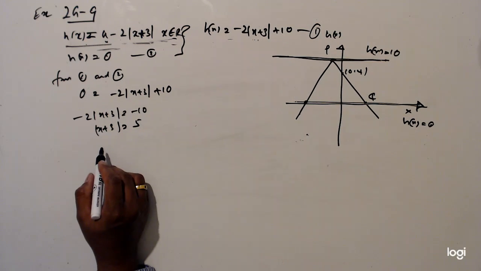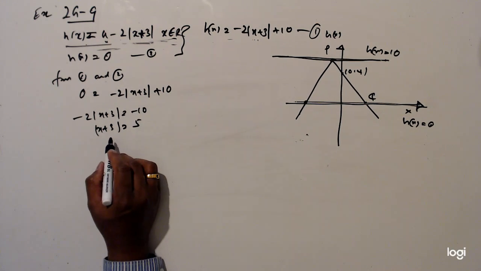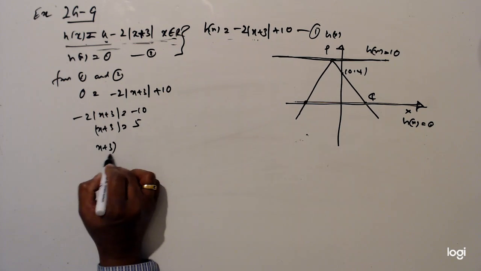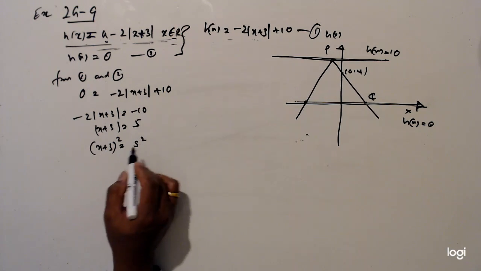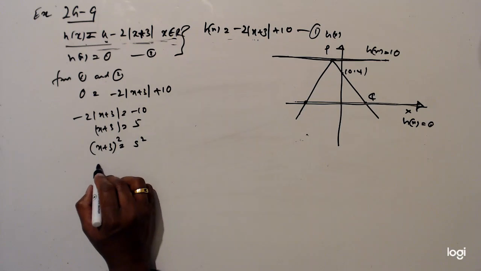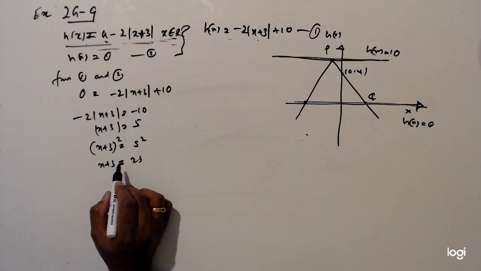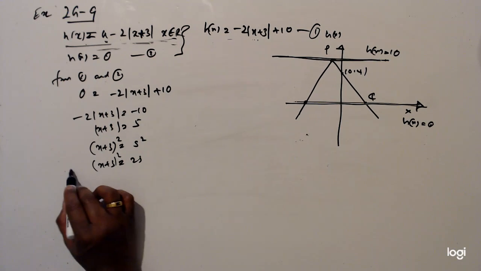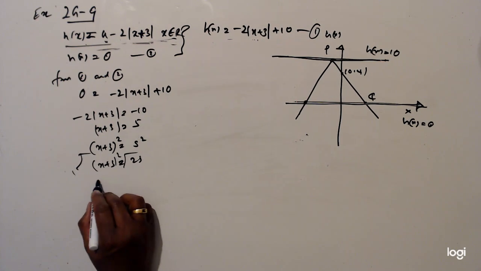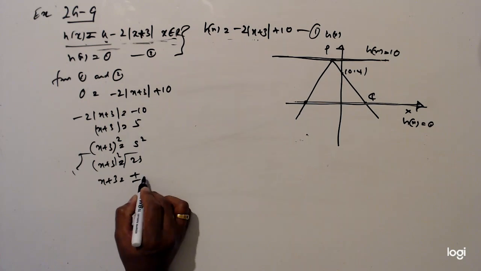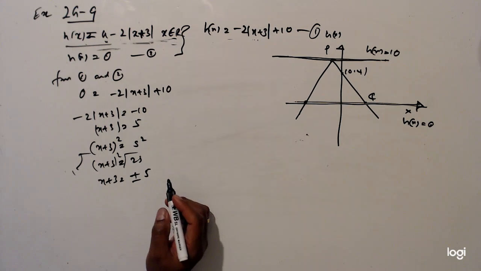Now I will square both sides. |x plus 3| squared equals 5 squared, so (x plus 3) squared equals 25. I am going to take the square root. x plus 3 equals plus or minus 5.